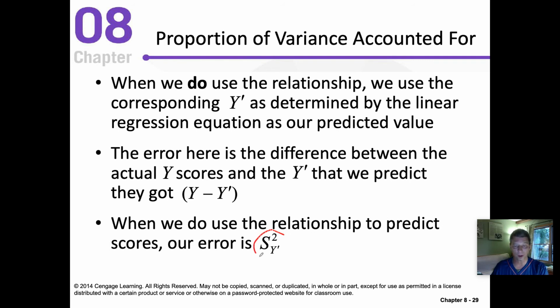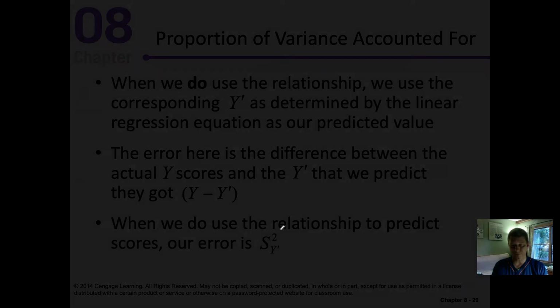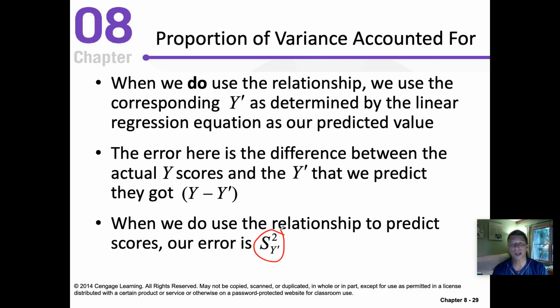Here, the standard error is s squared of y prime, not of the average value of y, like here. And so this is a much more accurate representation because it includes the variance that we already account for in our equation.